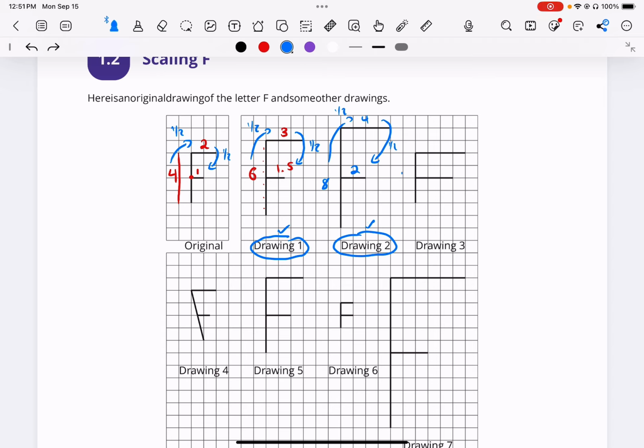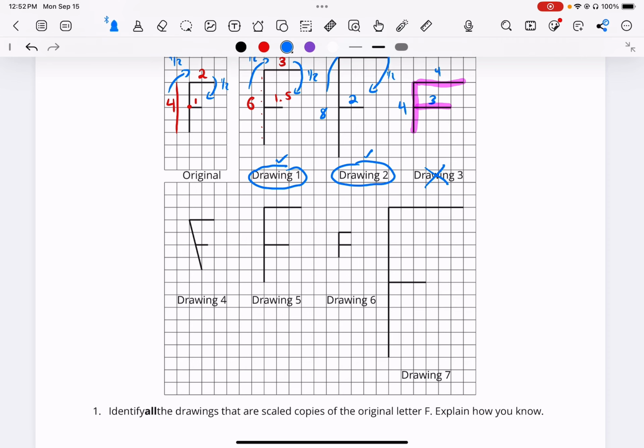Drawing 3, it goes up by 4, and then this is 4, and then this is 3. So looking at this would not be a scaled copy because it stayed the same height, but it got stretched to become wider. So since all the dimensions did not change, drawing 3 is not a scaled copy.